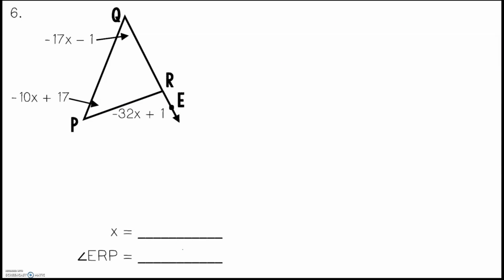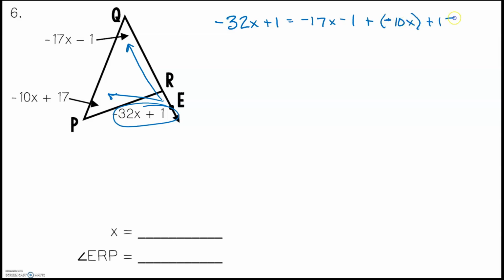Okay, last one. The exterior angle, that's this guy here, is equal to the sum of the two remote interior angles, the two farthest away. So negative 32x plus 1 equals negative 17x minus 1 plus a negative 10x plus 17.